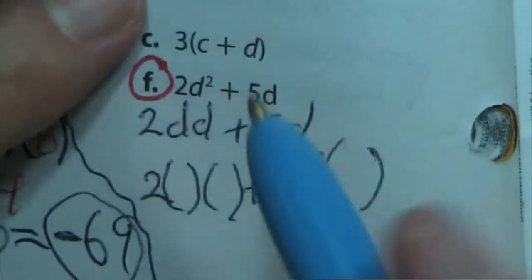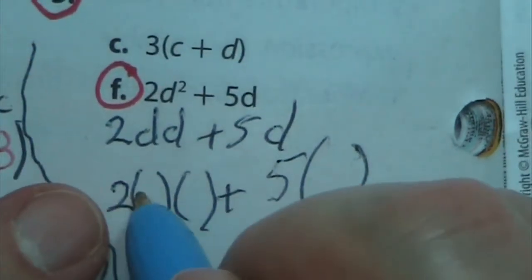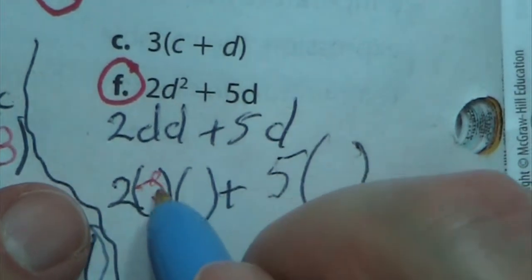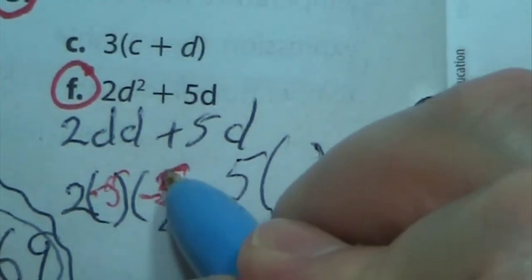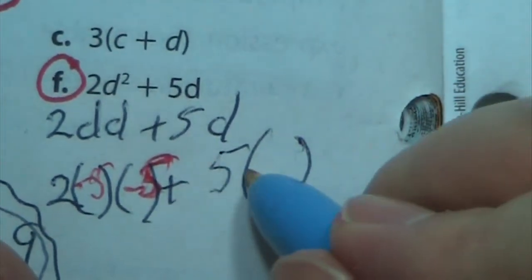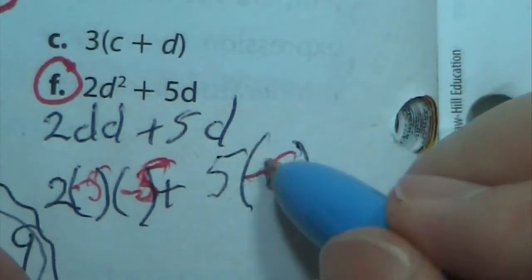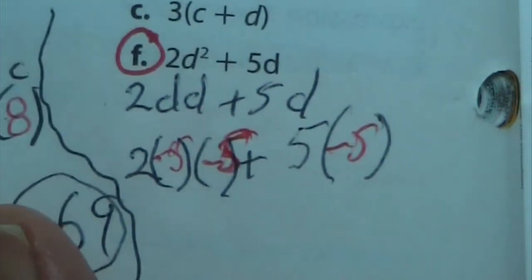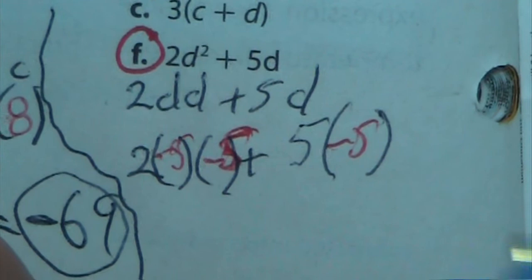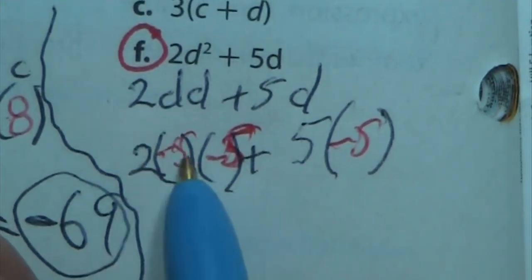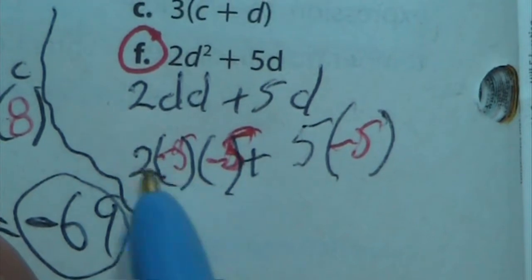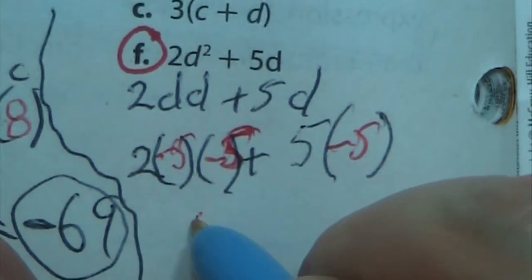So if I do that, that's 2 times -5, -5, and then this is also -5, right? Every d is -5. All right, so now I need to multiply this. 2 times 5 is 10. 10 times 5 is 50.